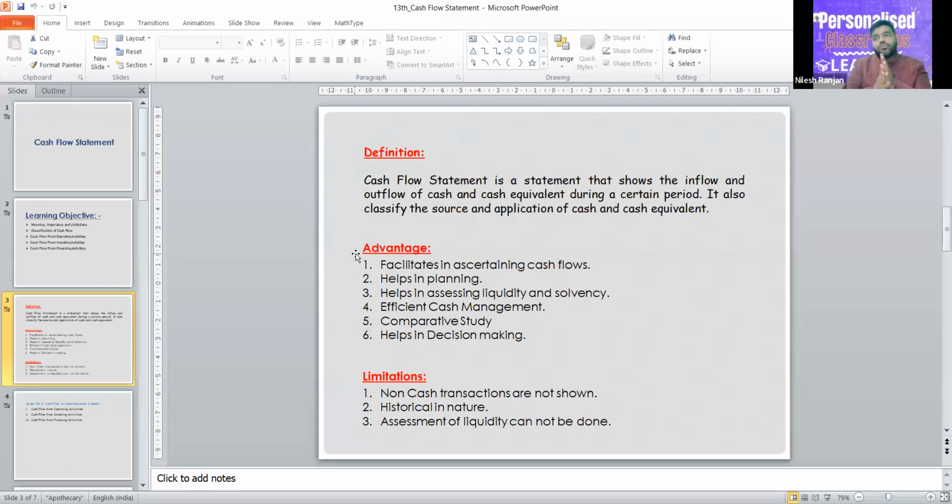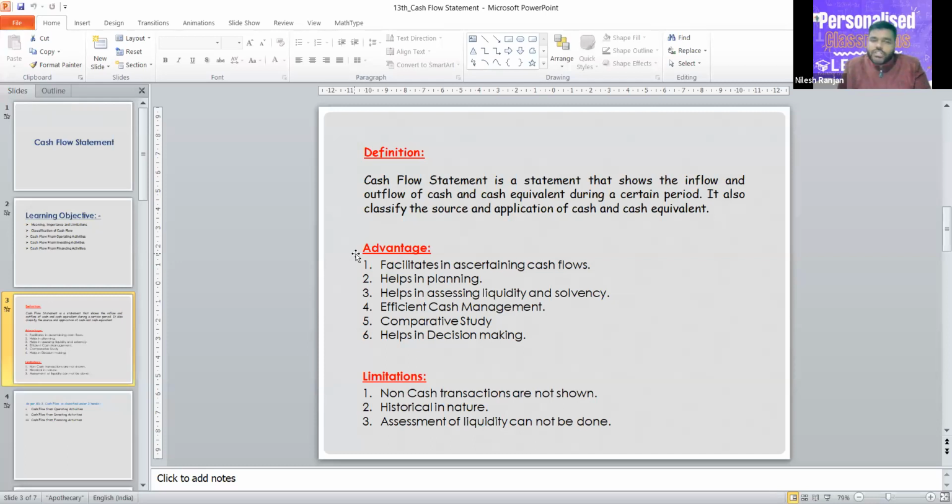Otherwise, the flow will be uncontrolled, and maybe your expenses will be more than expected. So that's why the cash flow statement helps us in efficient cash management also. Now, comparative statement: yes, we can easily compare two years of data with the help of the cash flow statement.